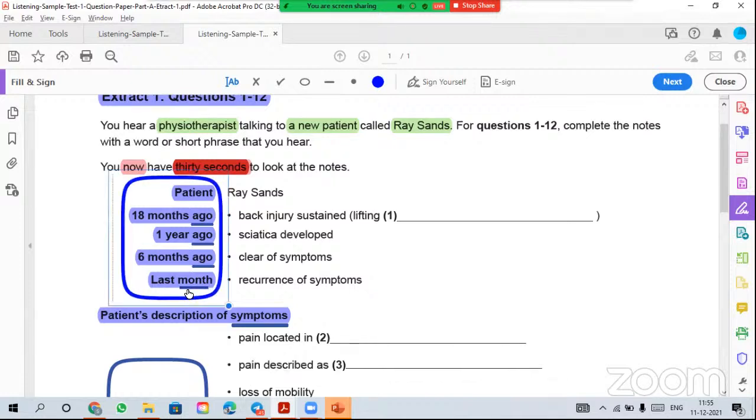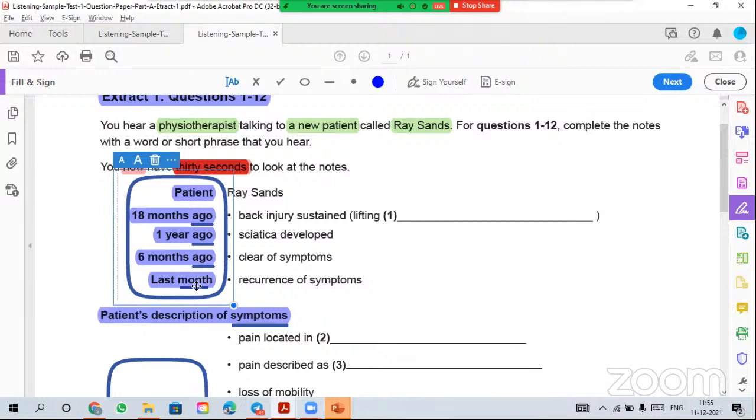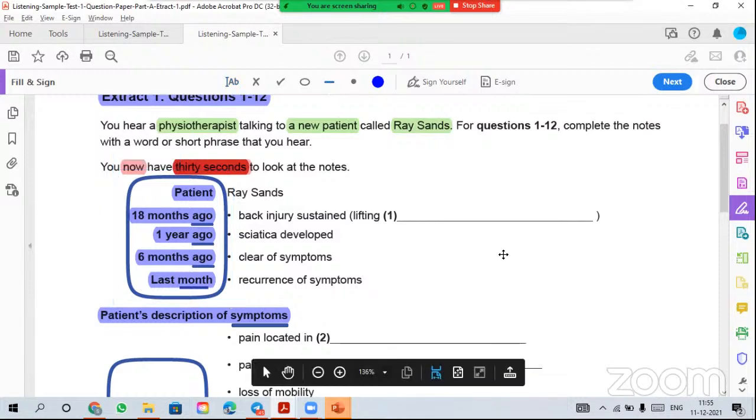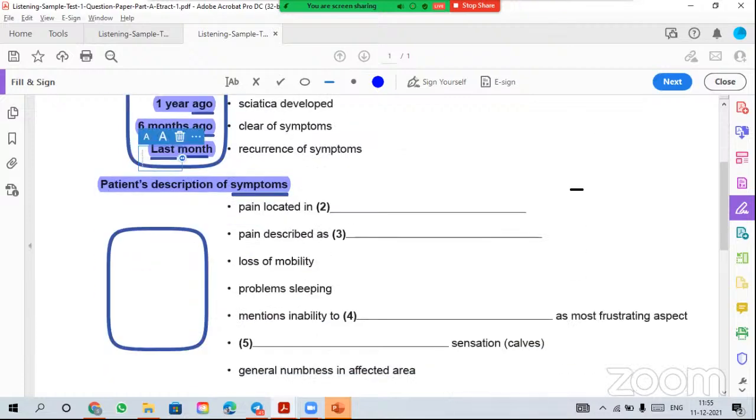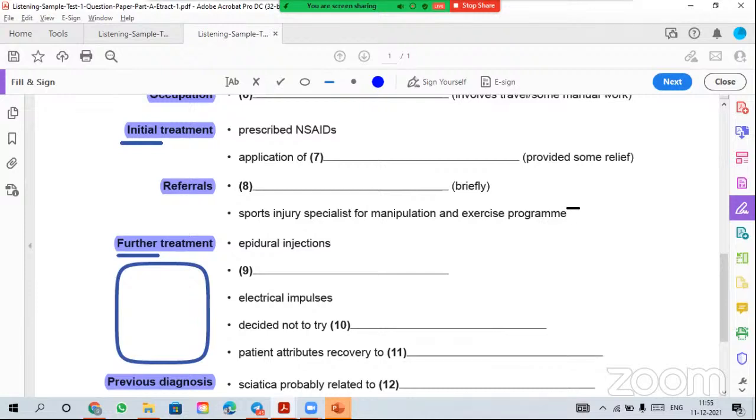Sorry, not a month, but ago. Let me take another one here. Last. Last means past. So identify these words. Next one.